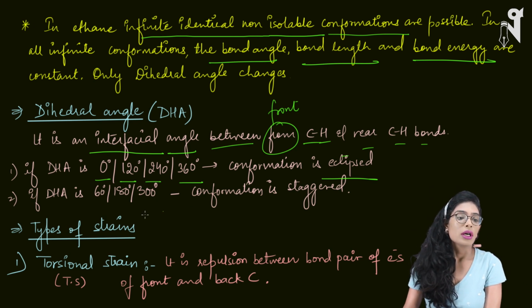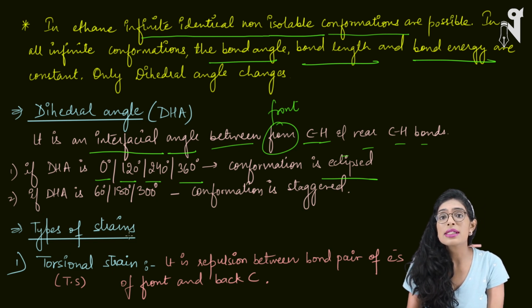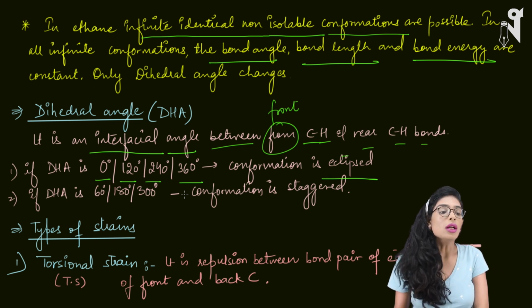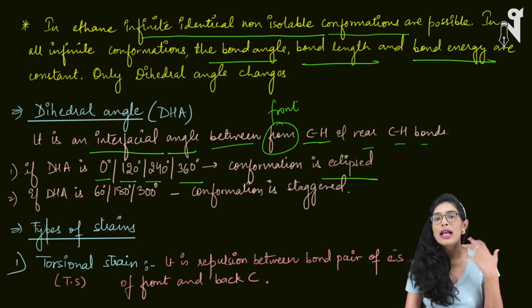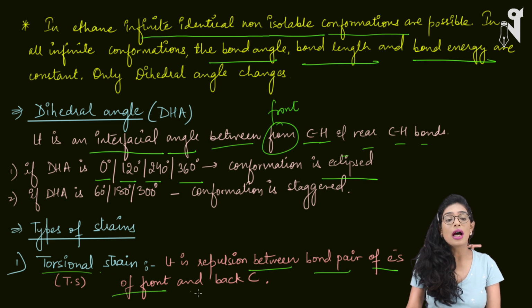Now next we'll talk about types of strain, which is very important to understand the stability of a particular conformation. First is torsional strain. What exactly is torsional strain? Torsional strain is the repulsion between the bond pair of electrons of the front carbon and the back carbon.